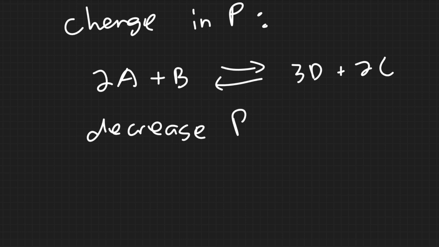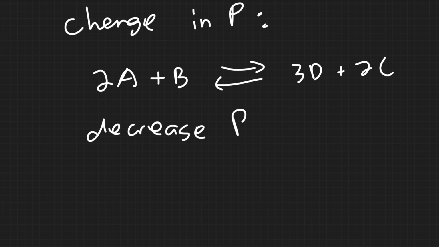How do we get back to equilibrium? Well, the main way that we get back to equilibrium is going to be by shifting to the side with the most moles of gas, so that when we do that, more moles of gas will increase the pressure, because remember, N is directly proportional to P. So I want to increase the pressure because we've just decreased it.